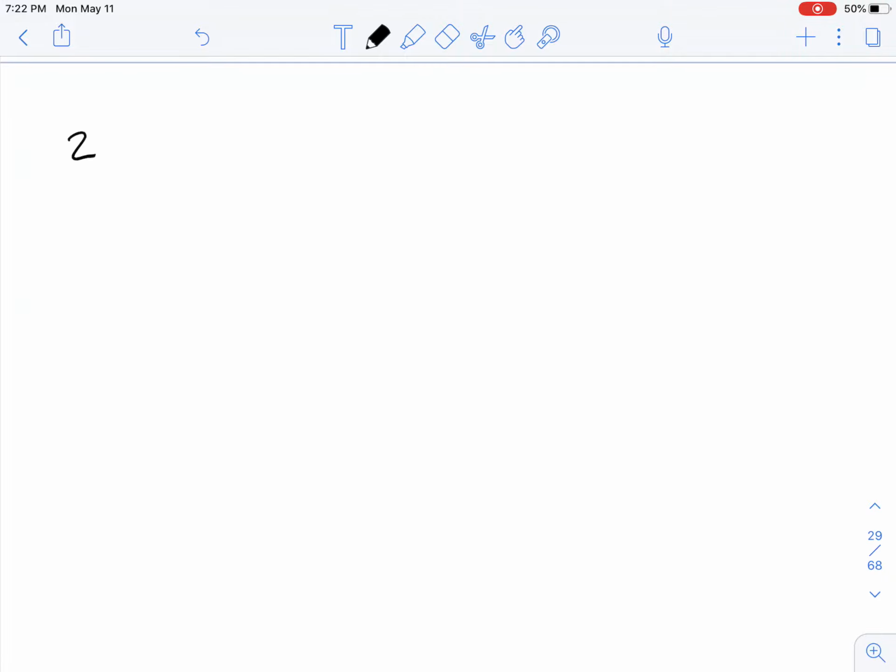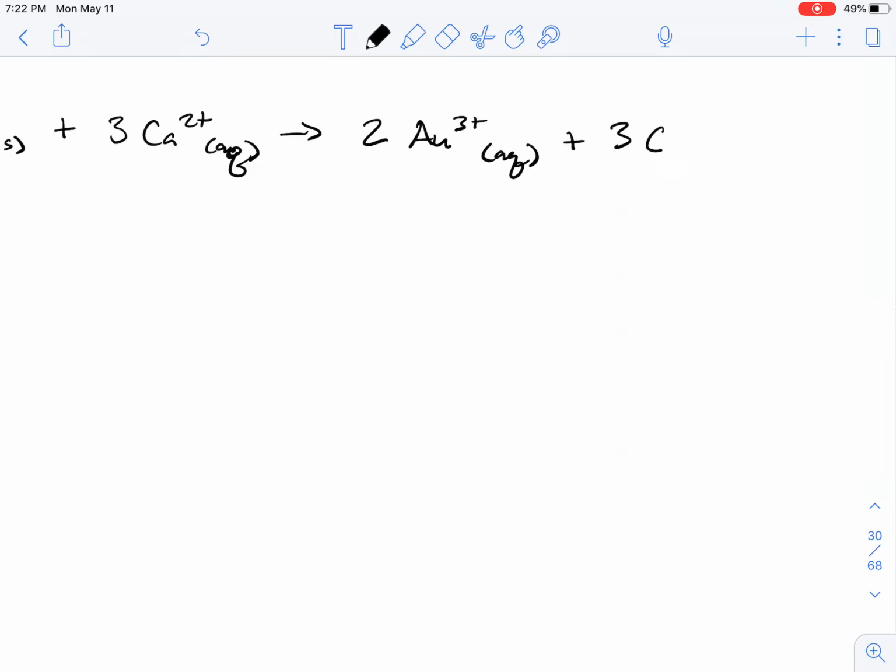All right, so the last example that I want to talk about is not written, so I'll just go ahead and write it here. Let me zoom in. And so here we have 2 Au solid plus 3 calcium 2 plus aqueous to produce 2 Au 3 plus aqueous plus 3 calcium solid.